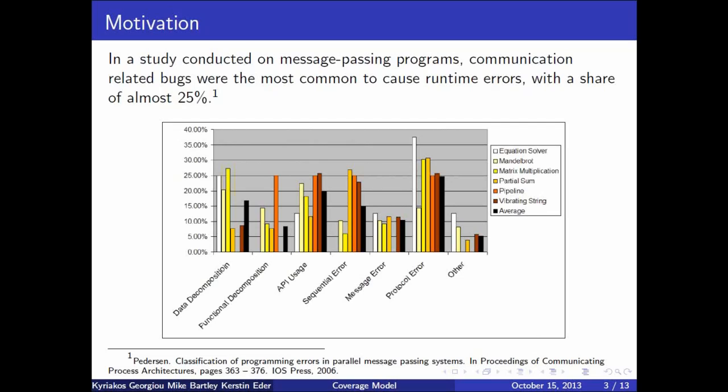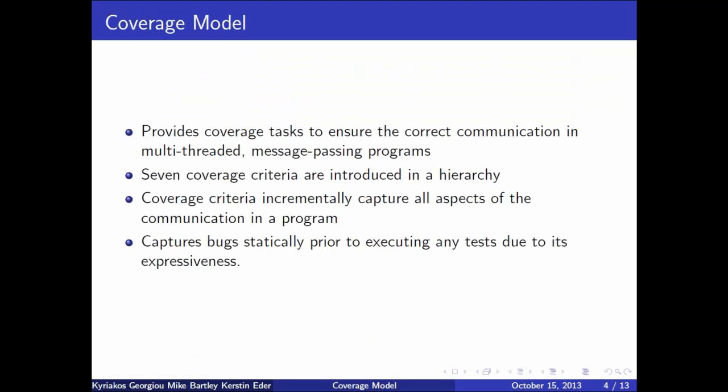In a study conducted by Peterson on message passing programs, communication-related bugs were the most common cause of runtime errors, at 25%. Conventional coverage models are inherently weak at capturing those and exercising concurrent scenarios. So we came up with a coverage model which provides coverage tasks to ensure correct communication in a message passing multi-threaded program.